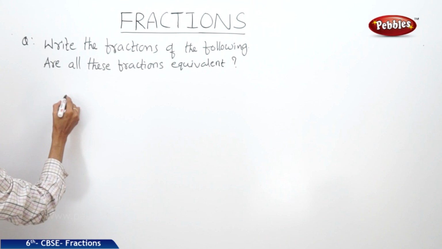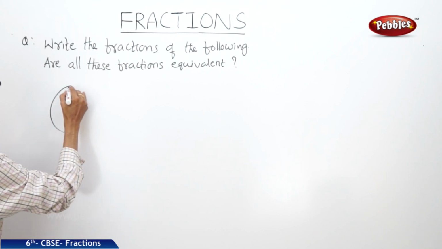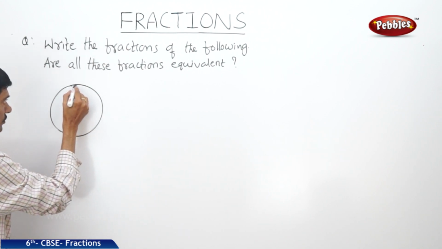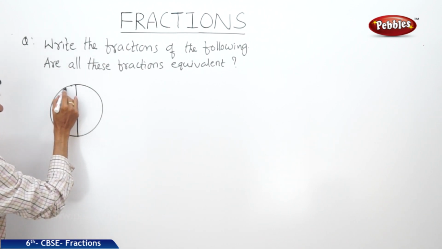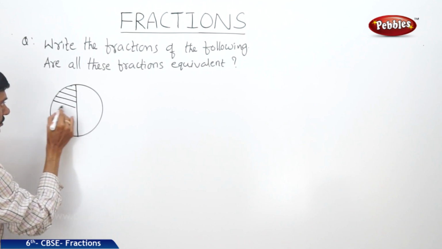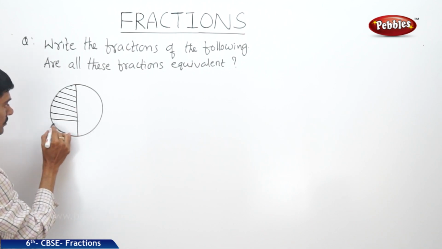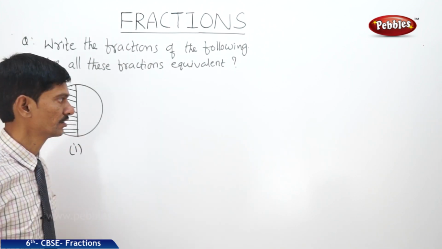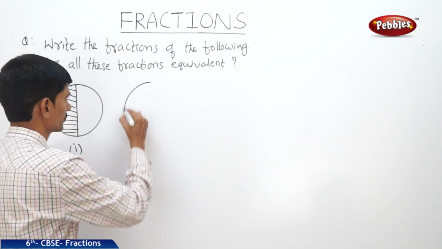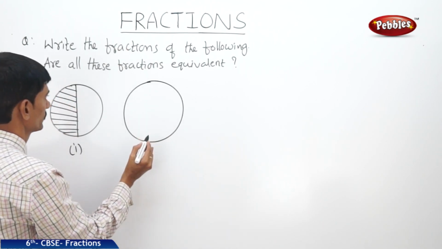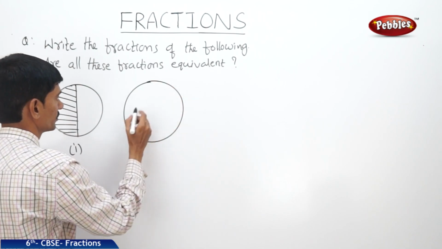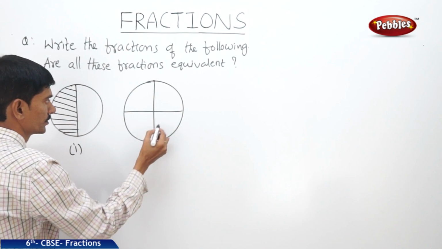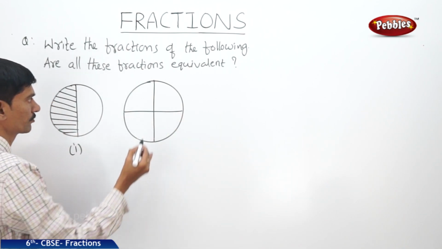Now the first figure is a circle. There are two halves and one half is shaded. Next, in the second case, in the same circle, the circle is divided into four equal parts.